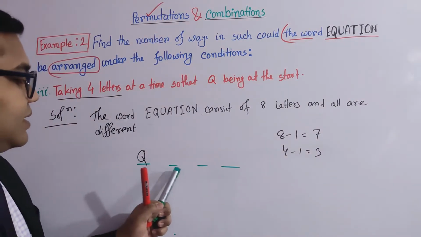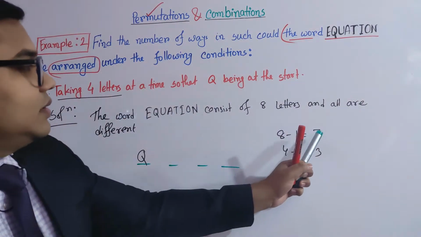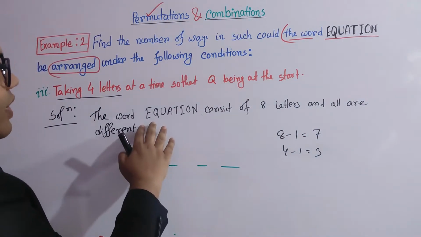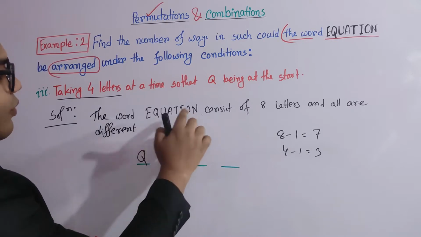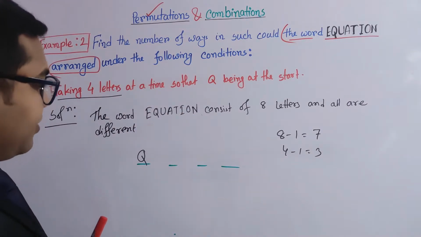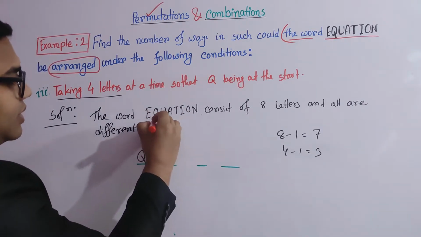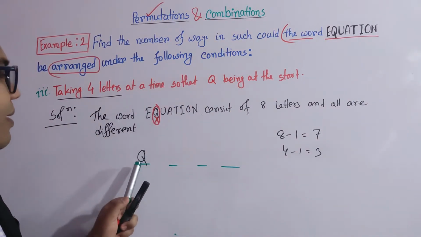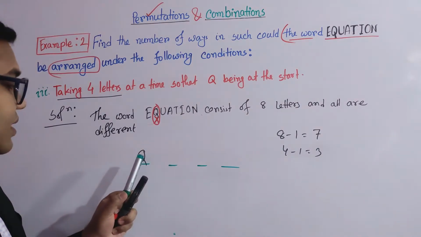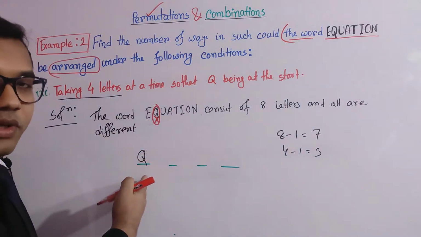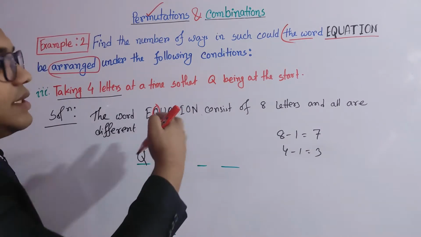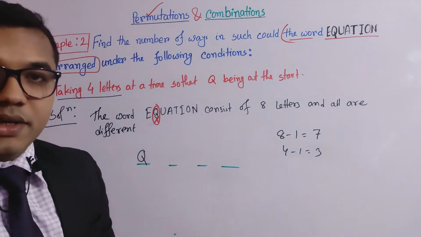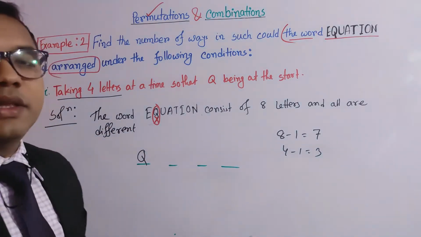So here are 3 places and there are all 7 letters. Very clearly, in EQUATION this Q option has been rejected, because Q comes in the first position. So among the remaining 7 letters, 3 letters will fill these places.